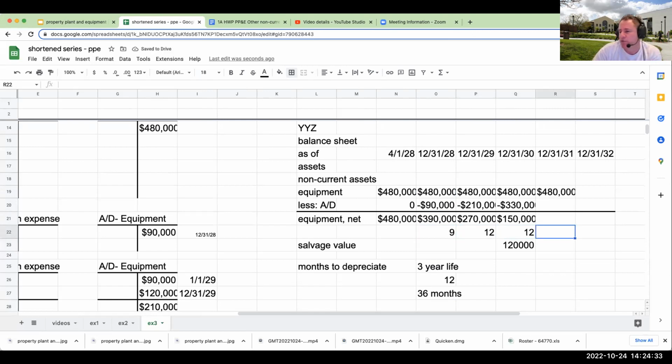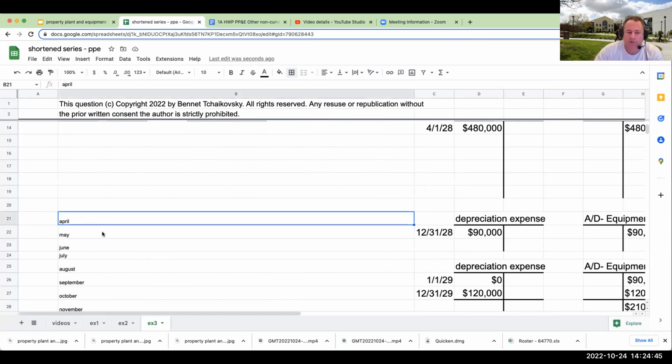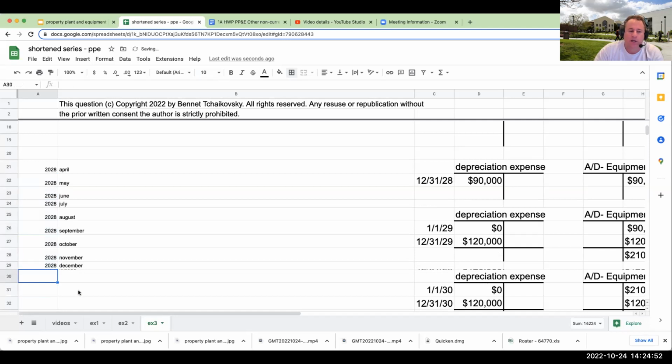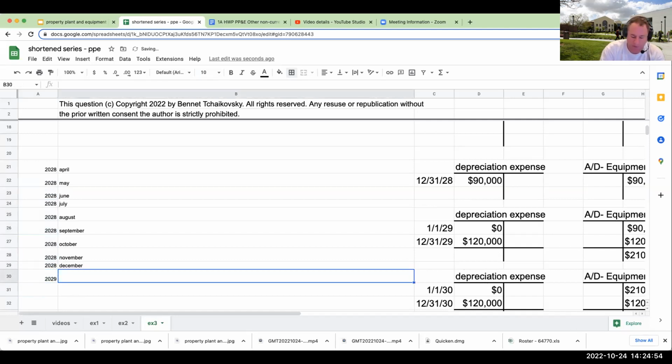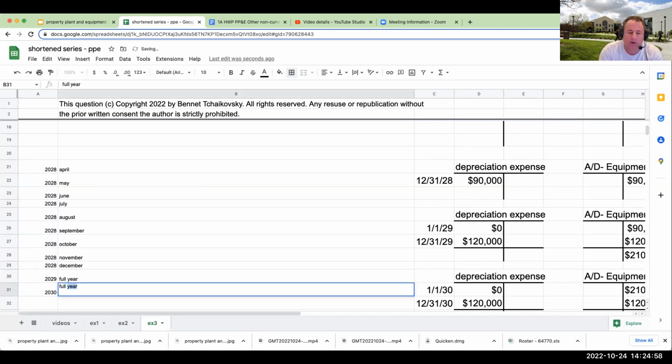Third year, I used it for 12. When I look at this, the most I can take, because these numbers have to add up to 36, I can only take 3 months. What I did in the first year was in 2028. And in 2029, I took a full year. In 2030, I took a full year.